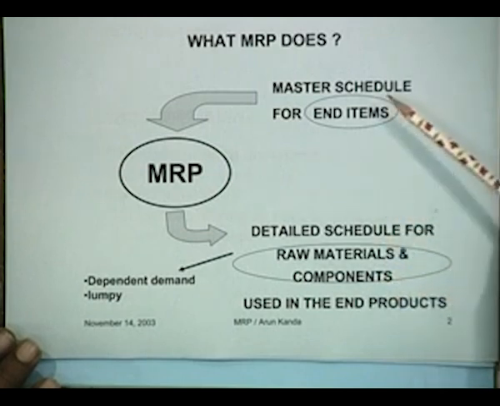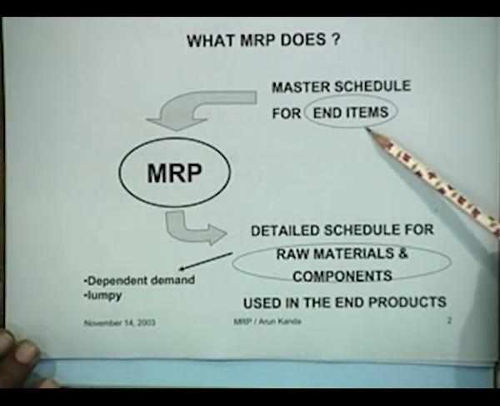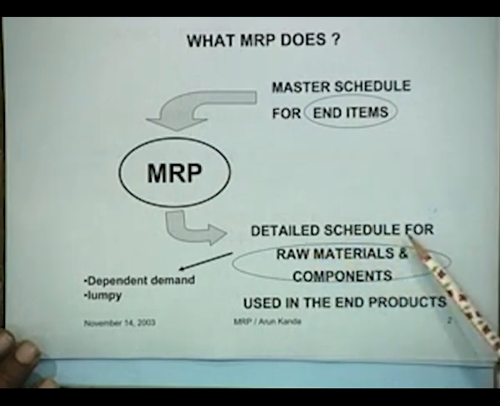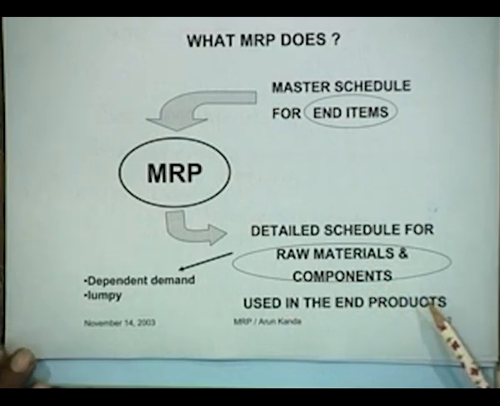So from the given master schedule for end items, we are basically trying to determine the detailed schedule for the raw materials and the components used in the end products. That is the primary purpose of MRP.